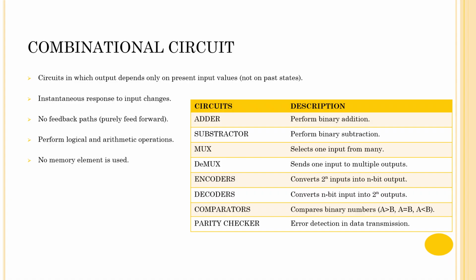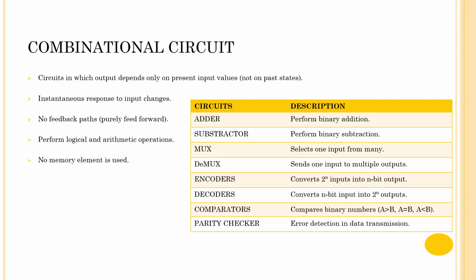Here are some of the most important building blocks of combinational circuits, starting with adders, used for binary addition. A half adder adds 2 bits while a full adder adds 3 bits, including a carry. Subtractors perform binary subtraction. Multiplexer or mux selects one input from many.